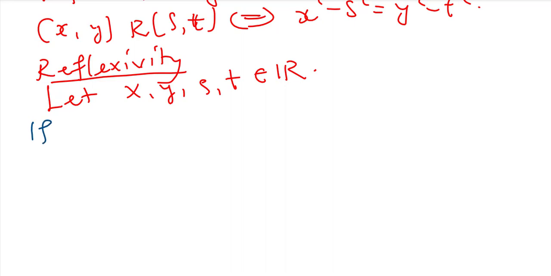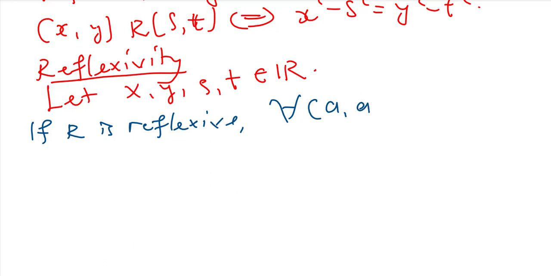Now, if R is reflexive, then for every couple A which belongs to the set of real numbers, A should be in relation with A.